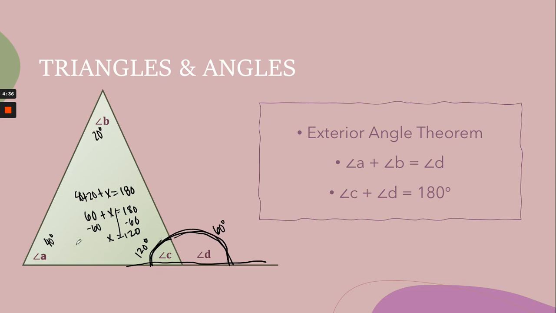So you could go the long way, find the interior angle, and then to find that outside angle, subtract it from the adjacent interior angle, and you would also get 60 degrees. So there's your proof that angle A plus angle B, the non-adjacent angles to this exterior angle, would add up to equal it.